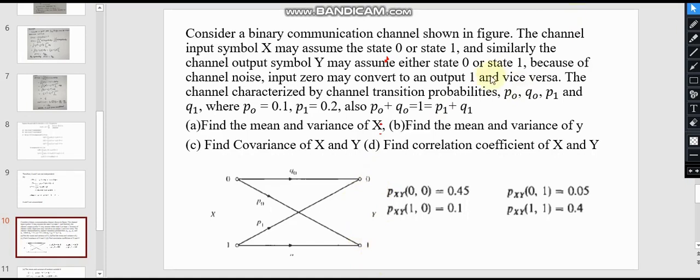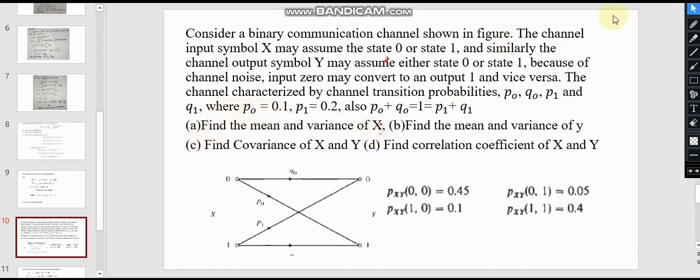Because of noise in the channel, the input 0 may convert into the input 1 and vice versa. The channel is characterized by channel transition probabilities P0, Q0, P1 and Q1, where P0 is equal to 0.1.